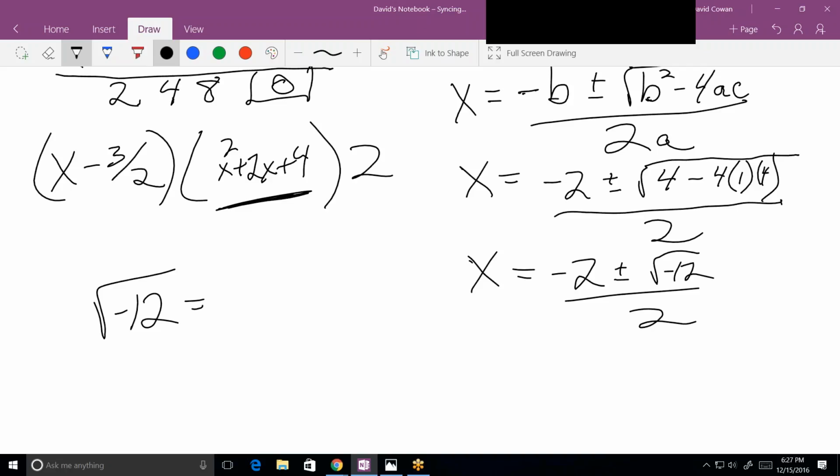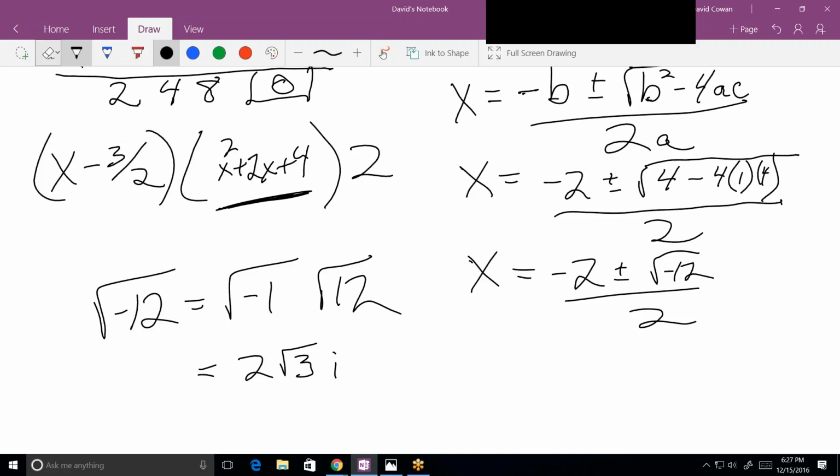The way to do these is to always take out the negative 1 first. Then you don't have to worry about how the i comes in, because the square root of negative 1 is i. The square root of 12, I can simplify. That's square root of 4 times square root of 3, so that's 2 root 3. So this is actually 2 root 3 times i.